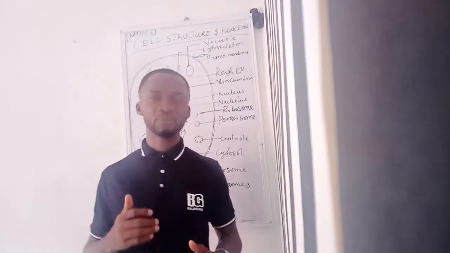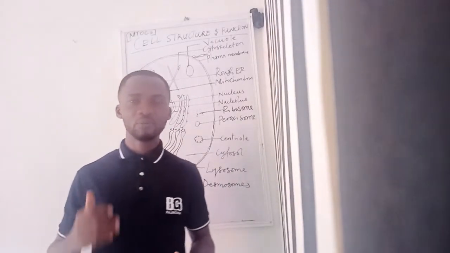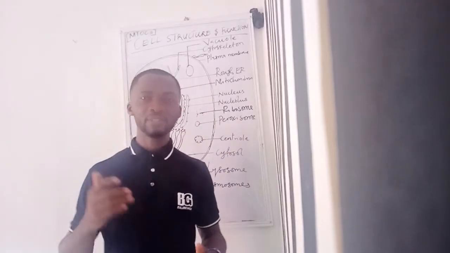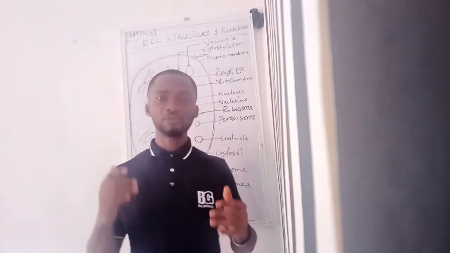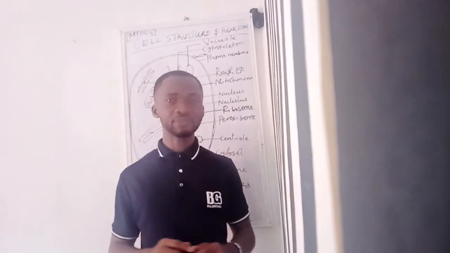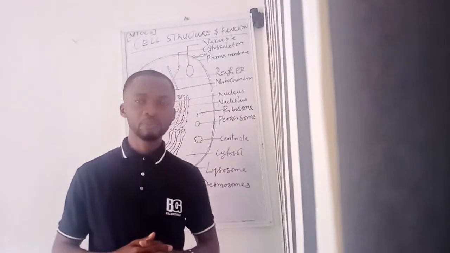When protein is to be synthesized in the cell, what happens is that the DNA transcribes itself in form of messenger RNA and transfer RNA. Basically, we have other types of RNA.